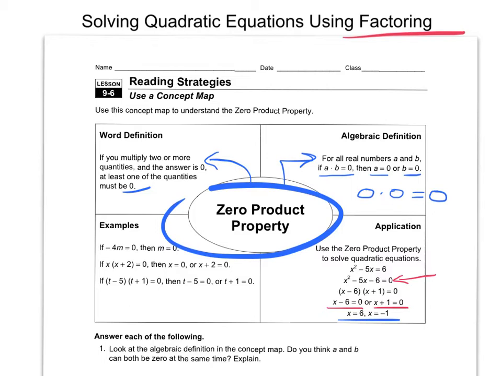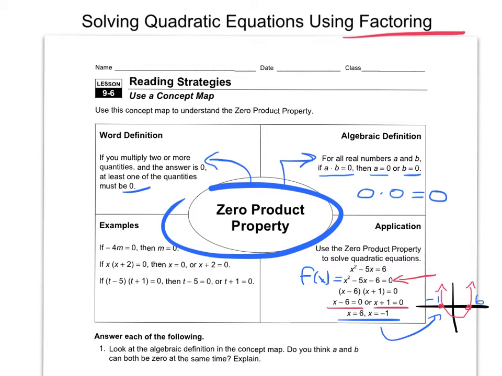Remember, the previous way that we looked at doing this was if I had a graph and I were to graph a quadratic function, then the place where that function crosses the x-axis, those are the zeros, those are the solutions. So in this case, if I were to graph this quadratic function, if I made this f of x, then I would end up with a 0 at negative 1 and at positive 6.